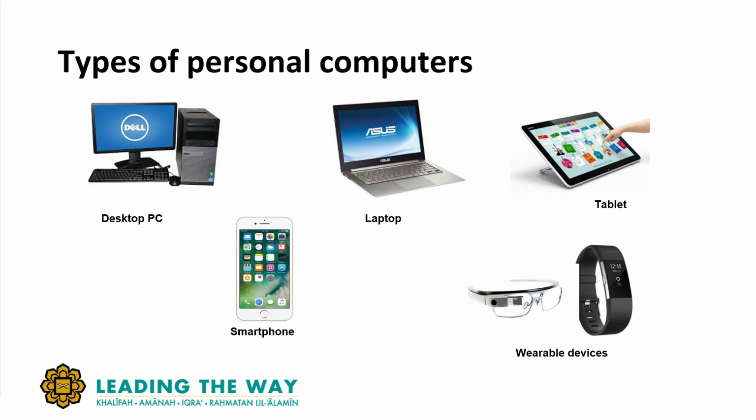Smartphones extend the capabilities of a cell phone by providing computing power. In addition to capturing and sending audio and video, smartphones will run applications, connect to the internet, and much more.